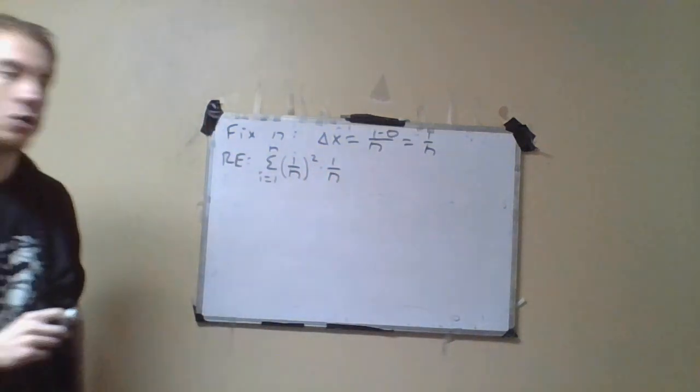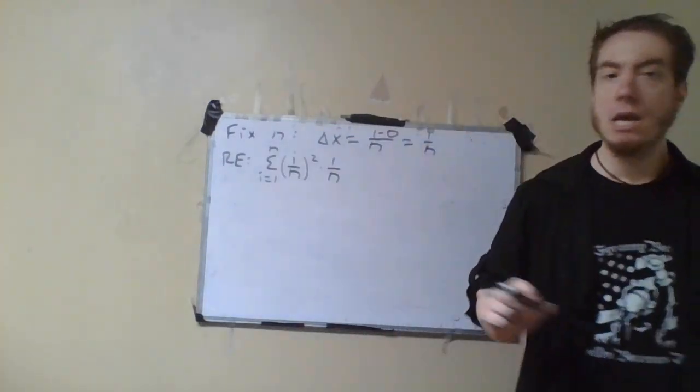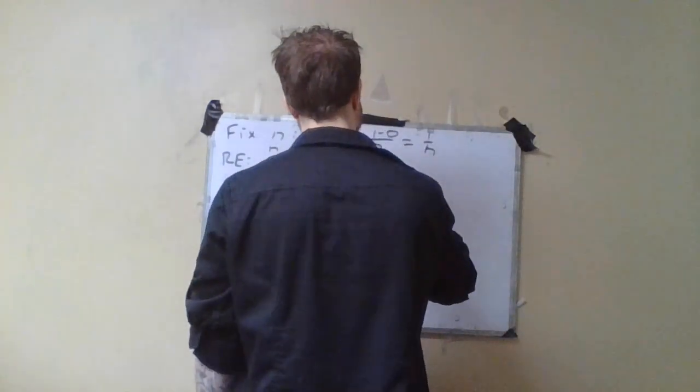I'm sorry, I don't know why that took me so long. The left endpoints are almost the same. The left endpoints are going to be the sum from i equals 1 up to n of (i minus 1 over n) squared times 1 over n.